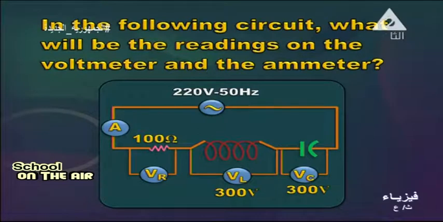In the following circuit, what will be the readings on the voltmeter and the meter? We've got something very important here. VL equals 300, VC equals 300, and this means that the circuit is in resonance state. What happens in resonance state?